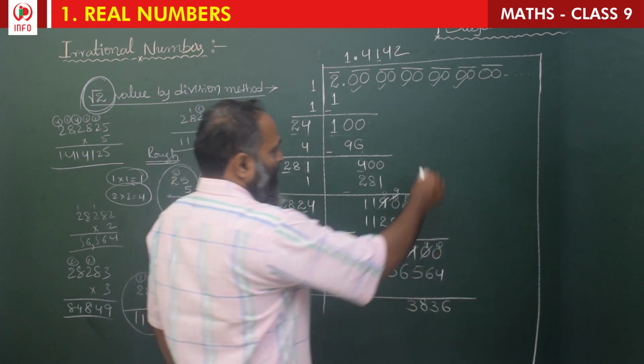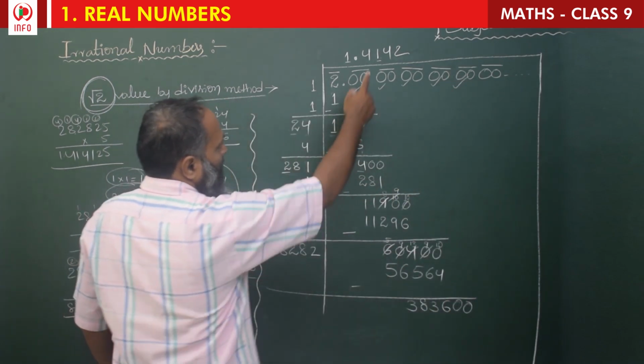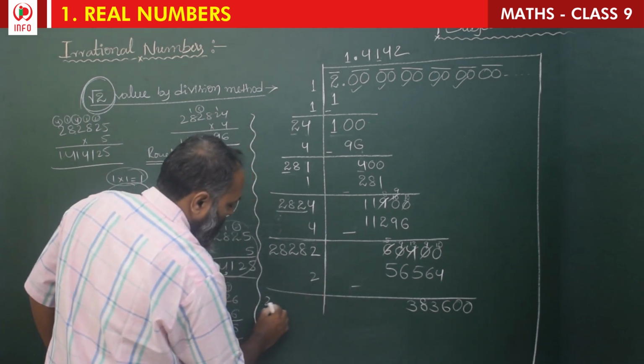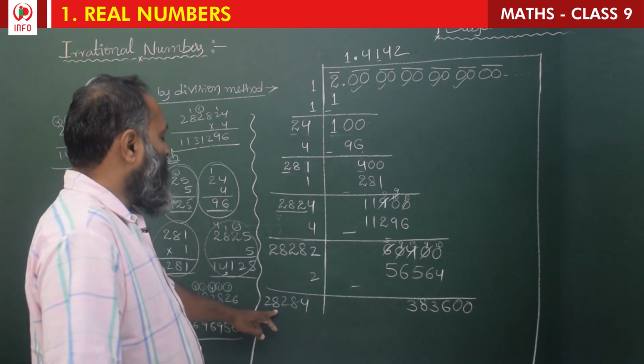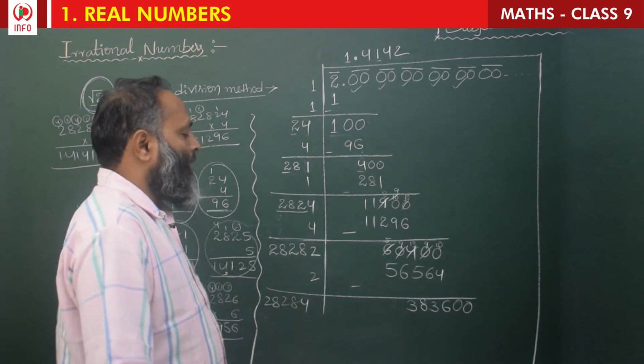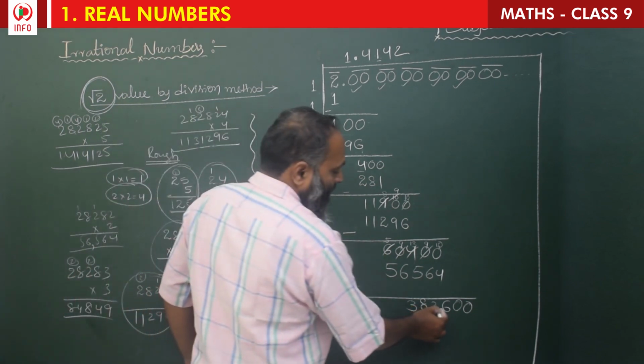Then after that, we should copy 2 more pairs. Then in the next step, whatever the quotient is, that we should add: 28,284. So now how many digits do we have? 1 2 3 4 5. 1 2 3 4 5 6.